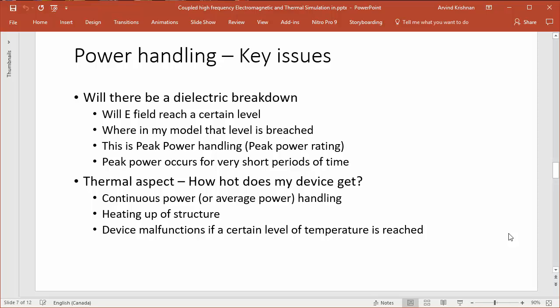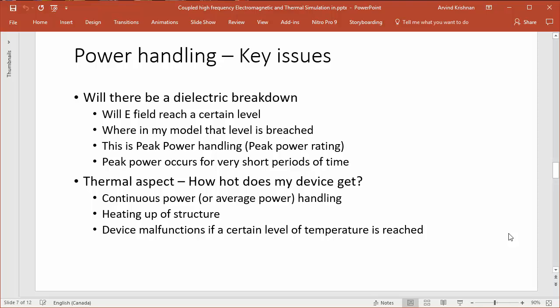Now let's get to the next type of issue grappling designers of these devices. That is the thermal aspect. How hot does my device get? And that is determined by the continuous power handling ability of that particular device. When the device is operating in a continuous mode, obviously it's operating at a much lower power than the peak power, and this leads to the heating up of the structure.